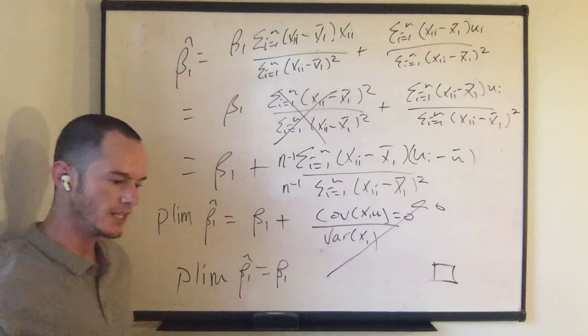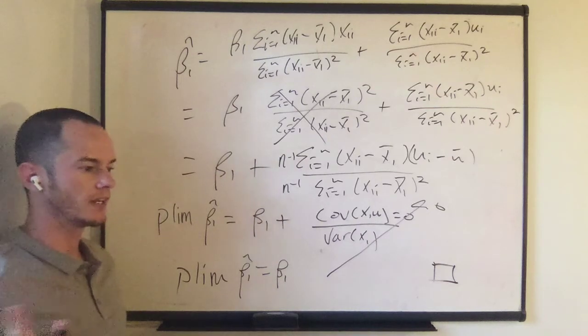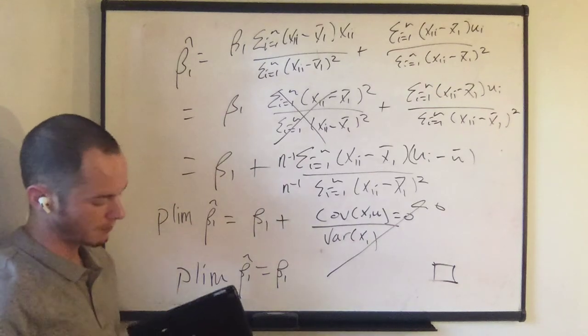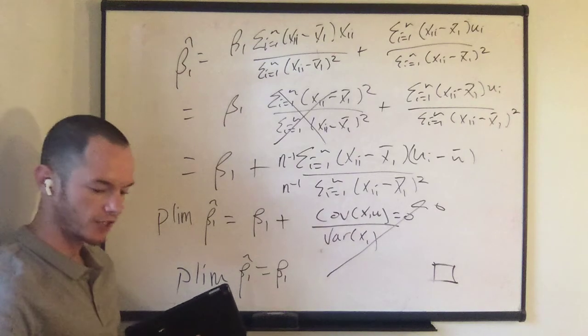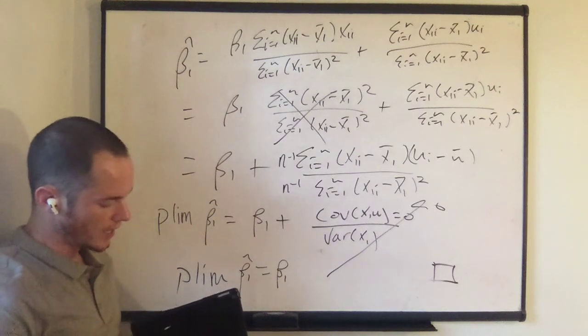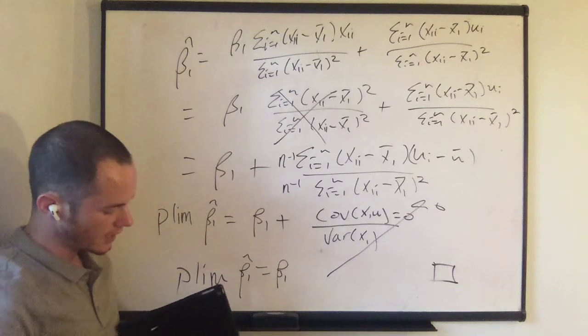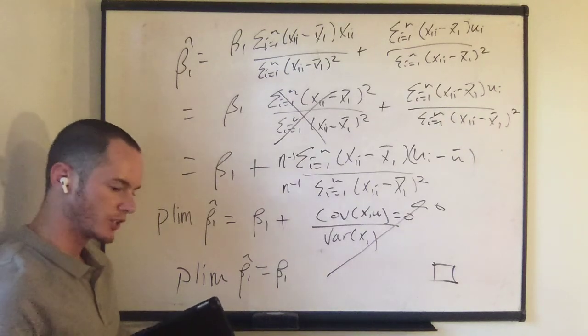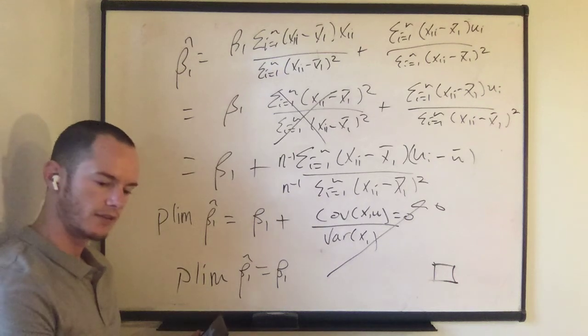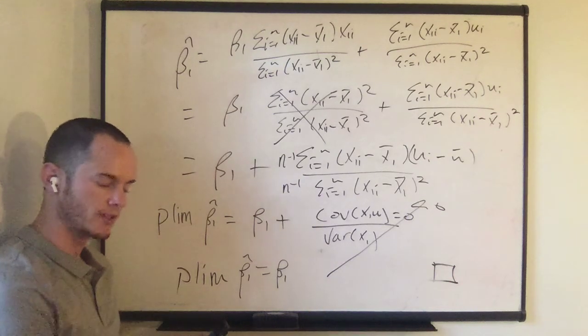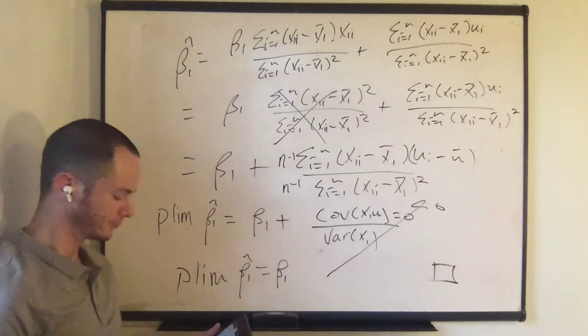We do not need homoscedasticity. We do not need normal errors. We just need the population regression function to be linear in parameters. We need no perfect collinearity, we need the zero conditional mean assumption, and I forget which ones I did say and which ones I didn't, but we need the fourth one.